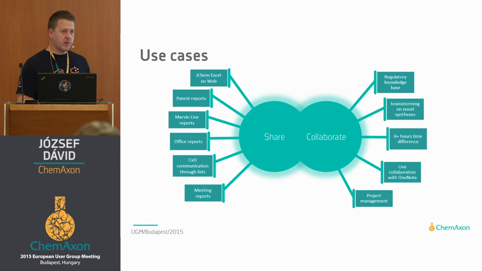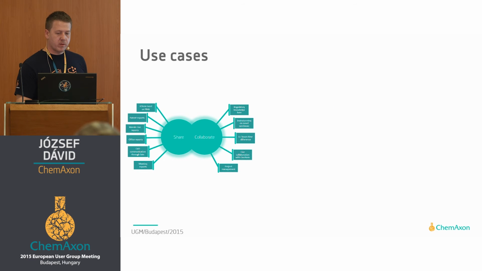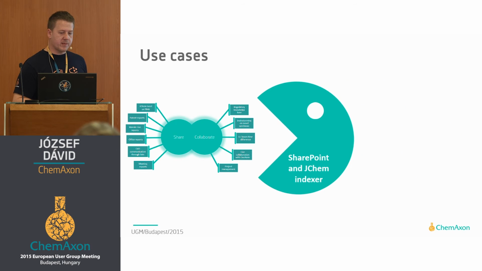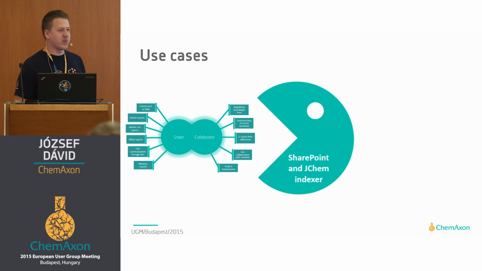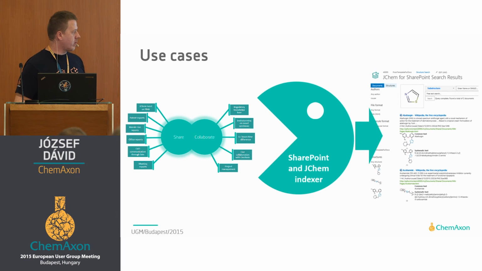From that point, the SharePoint indexer together with the JChem indexer can eat all the data, safely of course, because we will respect all the permissions the documents already have, so we don't do any magic there. And then we can provide you some results in the SharePoint interface.